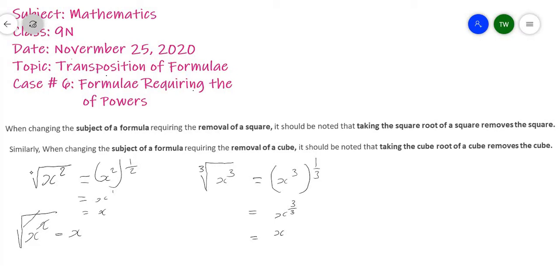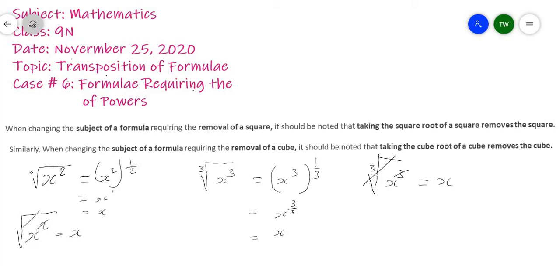In short, the cube root of x to the 3rd power, this cube root sign will cancel out the power. That leaves you back with just x.